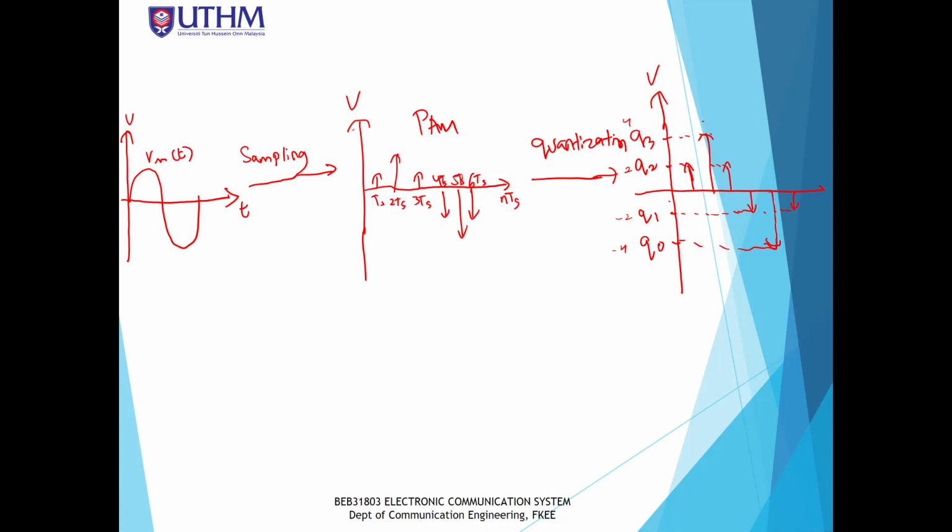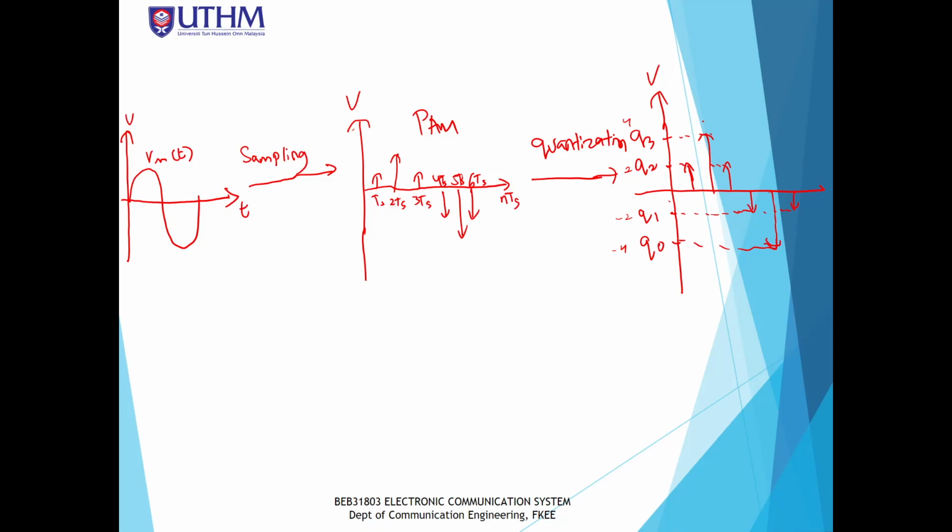So imagine that we have a lot of sample values. This will make the next process, signal processing, difficult. What we need to do is round up the sample value to the nearest quantized level, we are actually doing the rounding up process.